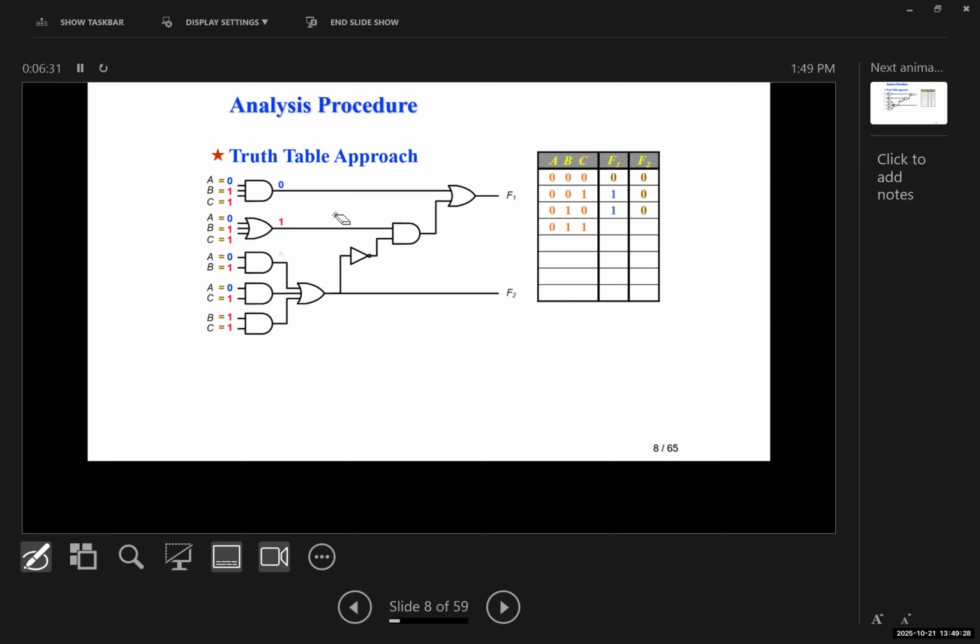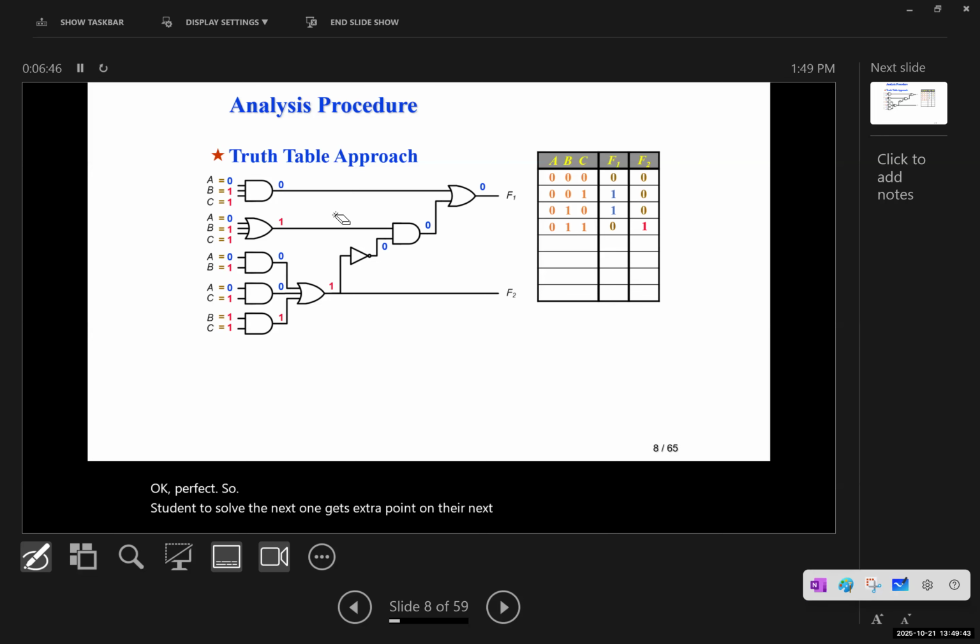Perfect. Remind me to give you an extra point. So F1 is 0 and F2 is 1. Okay, perfect.